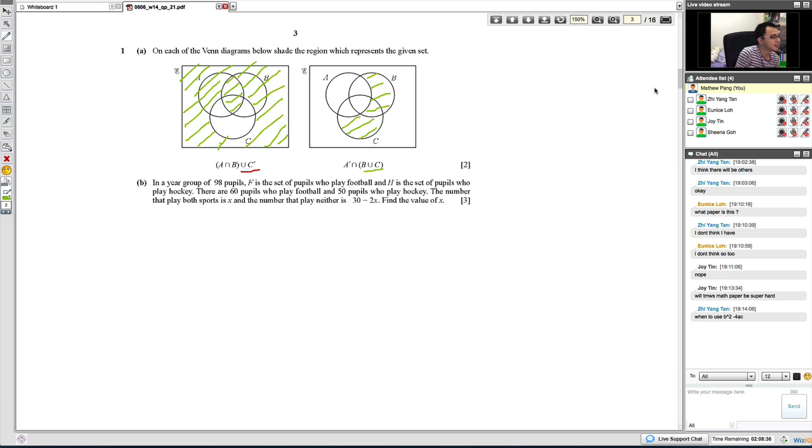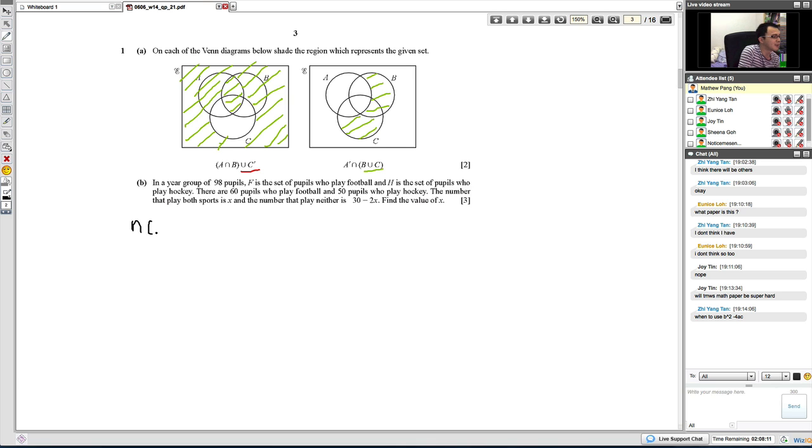In a group of 98 pupils, F represents the set of pupils who play football, and H is the set of pupils who play hockey. There are 60 pupils who play football and 50 pupils who play hockey. I will write down all the information.